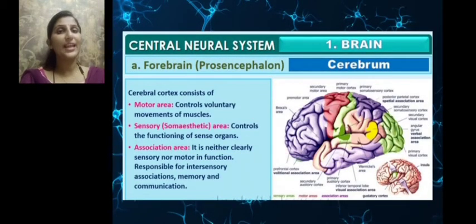The cerebral cortex consists of motor areas, which control the voluntary movements of the muscles, all the muscle activities done according to our will. Then it has sensory areas, which control the functioning of the sense organs. In addition, there are association areas.